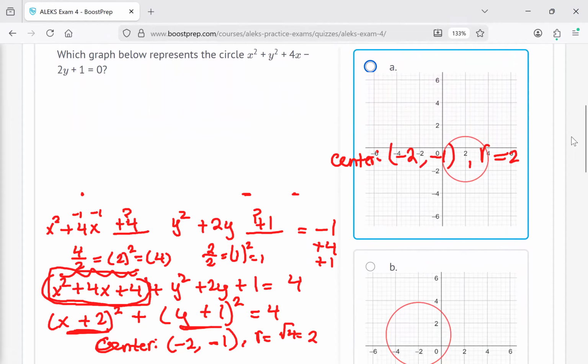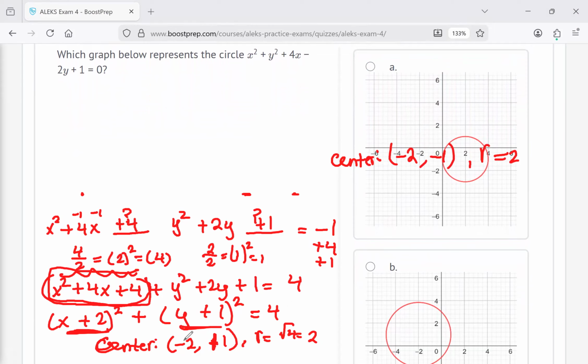I think the y stays the same. So I think the x is up. So it's negative 2, positive 1. Yes. So the y stays the same. I don't know why, but it does. The x, even though this is positive, it's really negative 2. And then my radius is not 4, it's the square root of 4, which is 2.